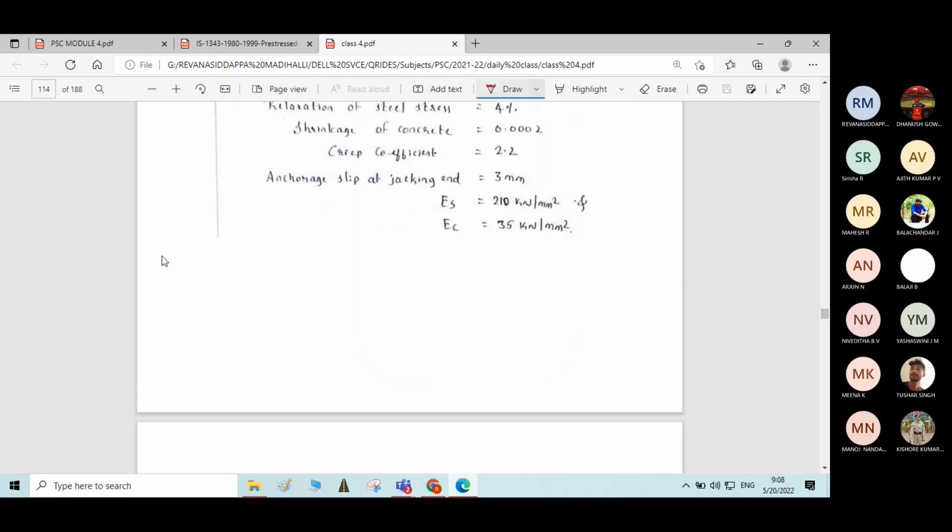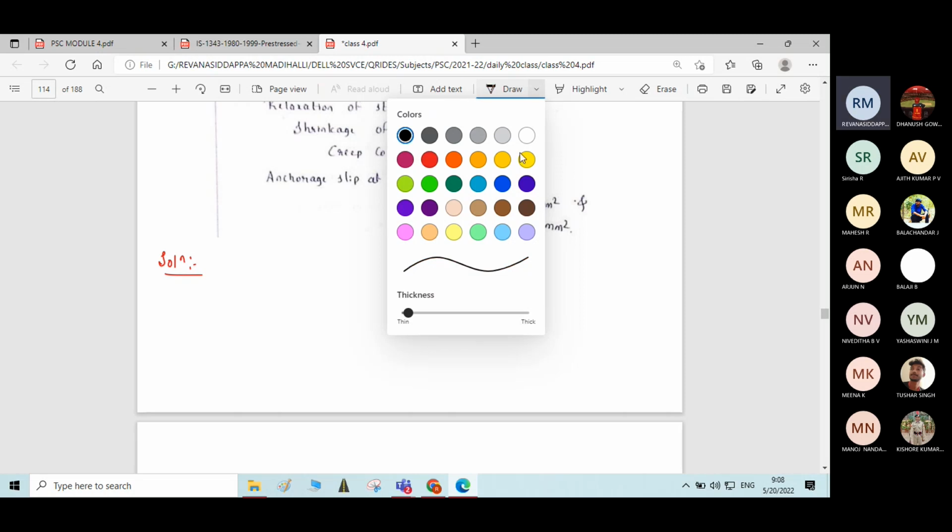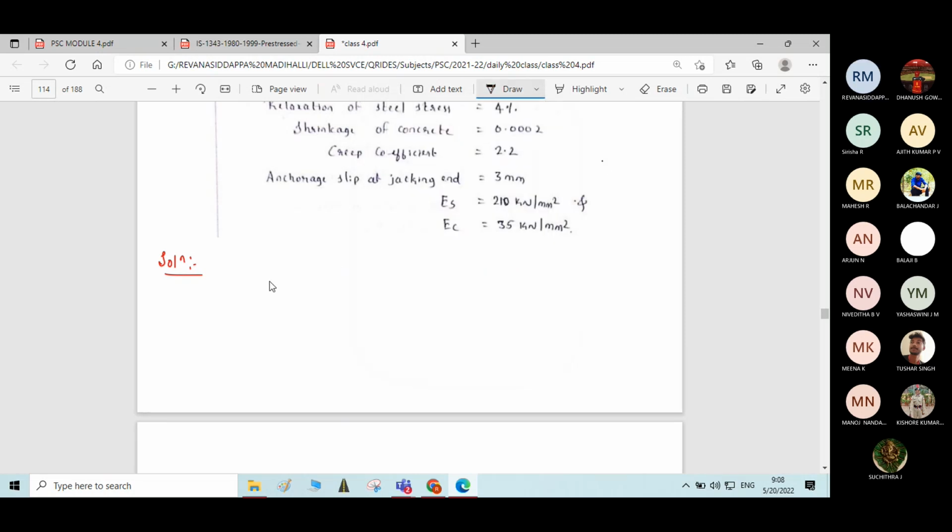Solution. Okay, write the centroidal axis.